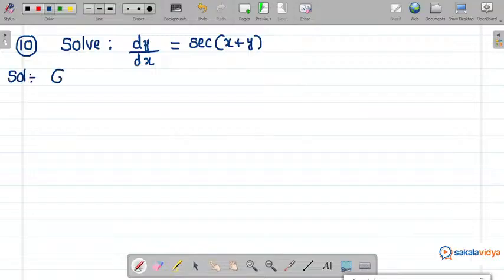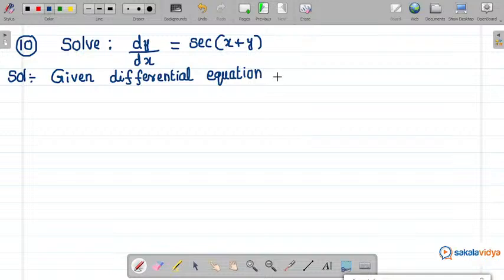Given differential equation is dy by dx equals secant of x plus y.